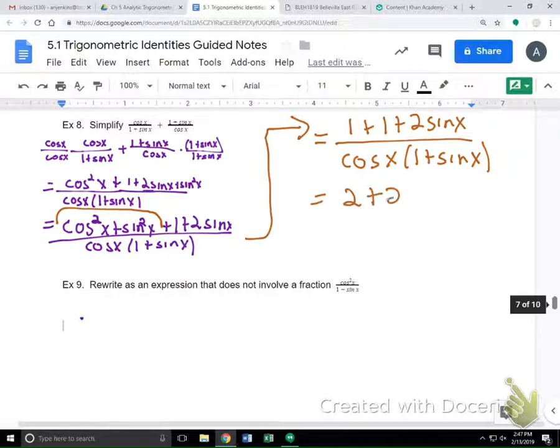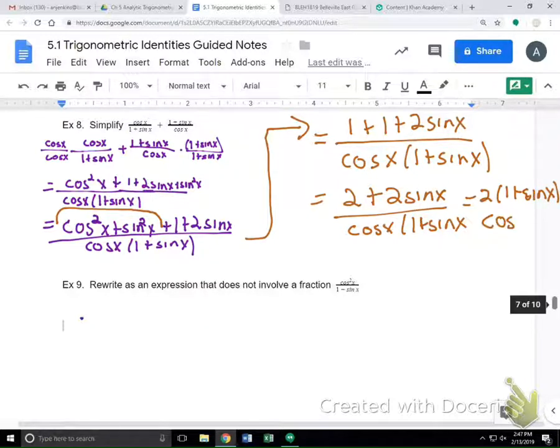You could have just gone to 2 sine of x all over cosine of x times 1 plus sine of x. You see you have something in common in our numerator. What can I factor out? 2. We end up with 2 times 1 plus sine x all over cosine x times 1 plus sine of x. Numerator and denominator both have the exact same thing. I can cancel them out. I now have 2 over cosine of x.